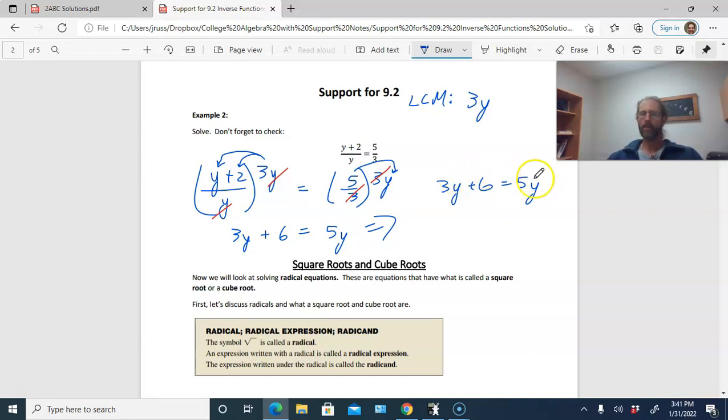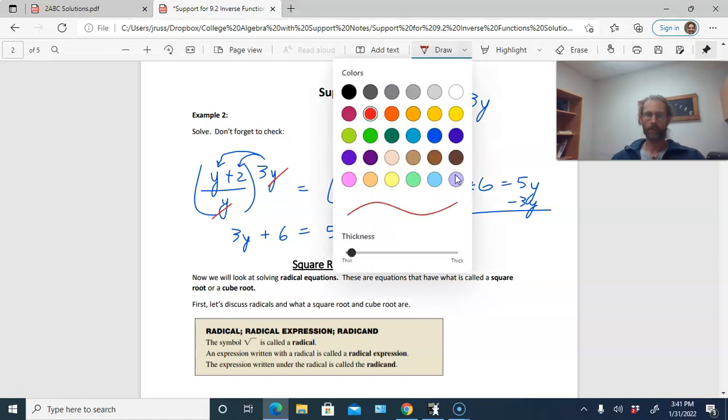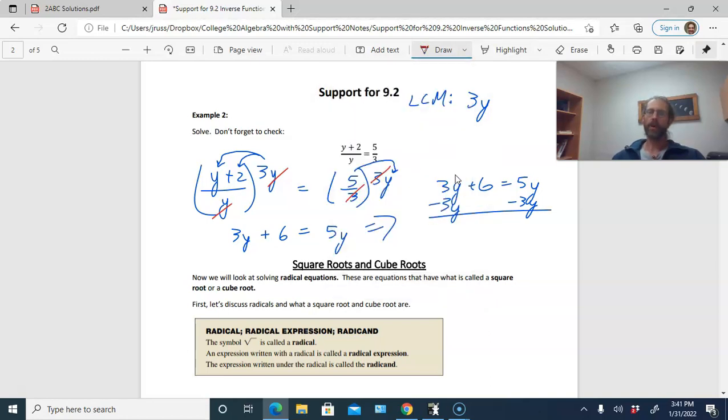Since I already have a y on the right hand side, I'm going to try to get rid of the 3y that's on the left. Since this is a positive 3y, I'm going to subtract 3y from both sides. So right here on the left, 3y minus 3y is 0. That's just going to leave us with 6 equals, and then 5y minus 3y is 2y.